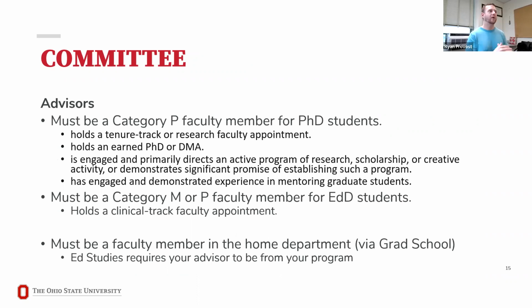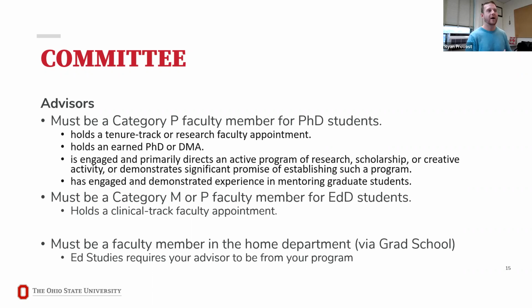So what your committee will look like, your advisor will obviously be on the committee. Some things to know about your advisor: that person must be a Category P faculty member for PhD students. For EdD students, it can be a Category M or a Category P faculty member. In grad forms, when you go to put in your advisor, it actually says what category they are, so it won't let you make the mistake of putting in the wrong kind of faculty member there.